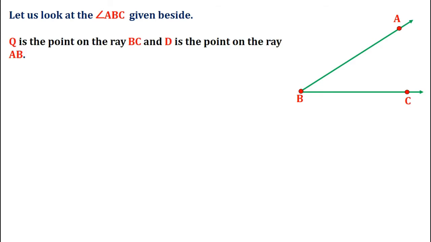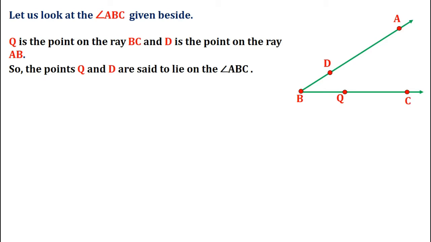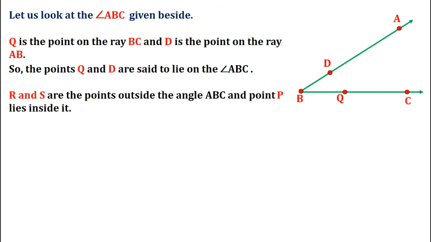Q is the point on the ray BC or CB and D is the point on the ray AB or BA. So the points Q and D are said to lie on the angle ABC. Point R and point S are the points located outside the angle ABC, and point P lies inside the angle.